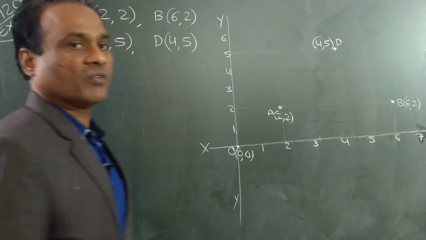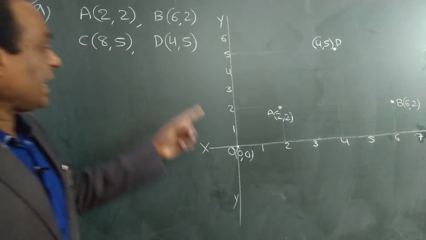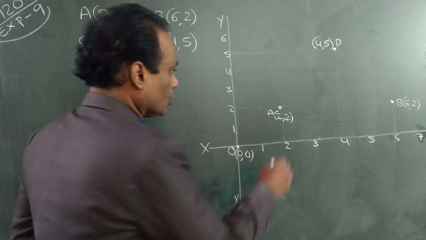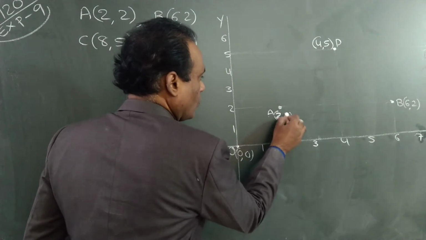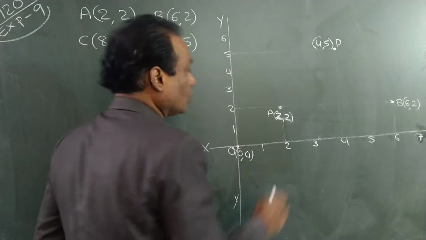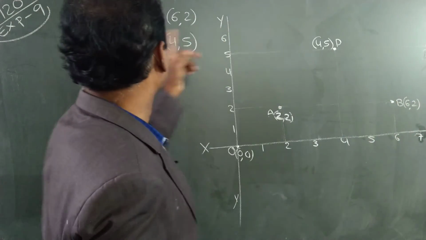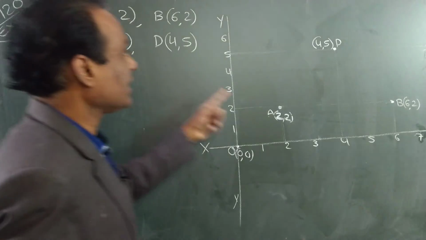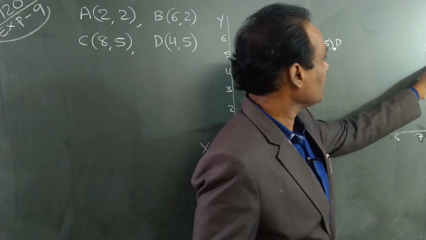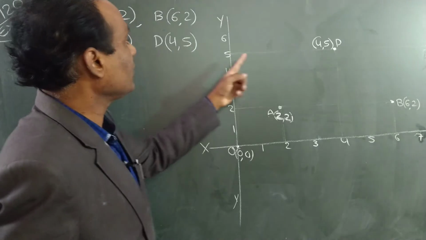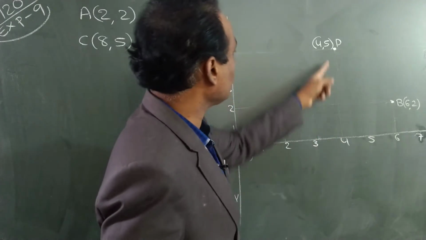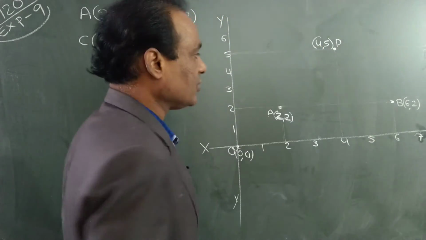This is the point (4, 5). So we have X2, Y2, that is 2 comma 2; X6, Y2; X8, Y5; X4, Y5. Join them.